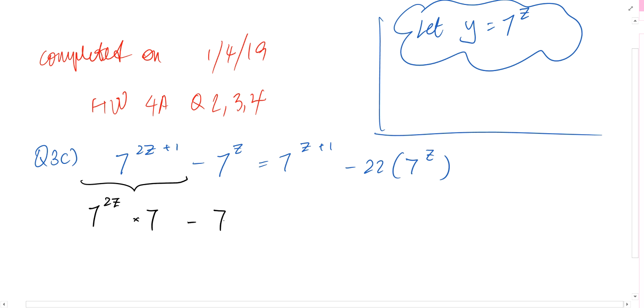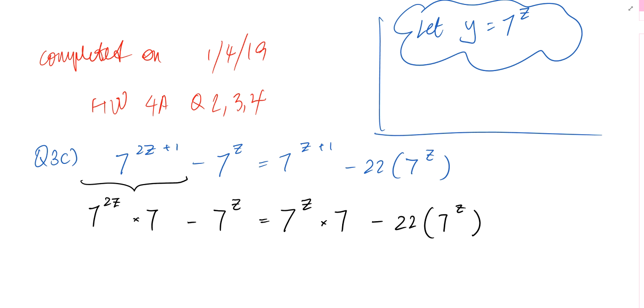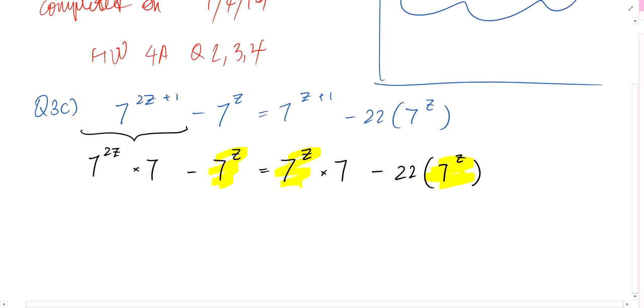Then minus 7 to the power of z equals 7 to the power of z times 7 minus 22 times 7 to the power of z. So now we are seeing that they are starting to appear very nicely, except for the very first term, which I need to rewrite again.